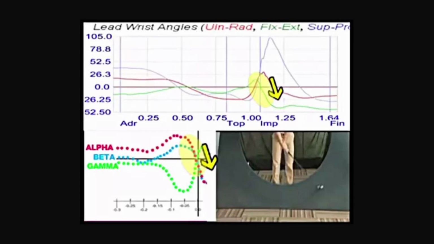And Steve Nesbitt, based on his calculations, stated that a golfer would be applying this positive alpha torque in the late downswing.